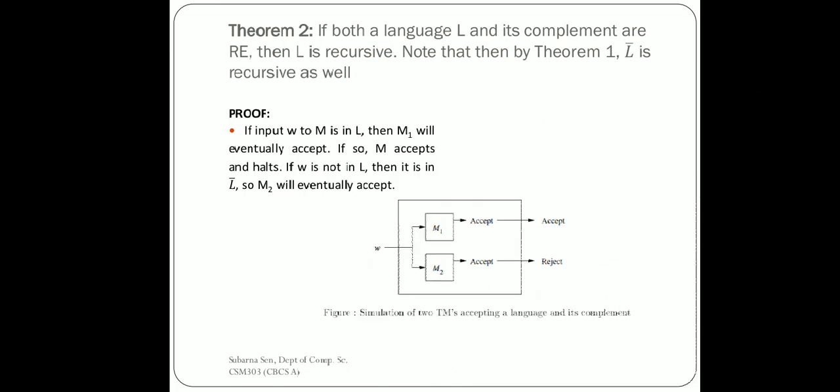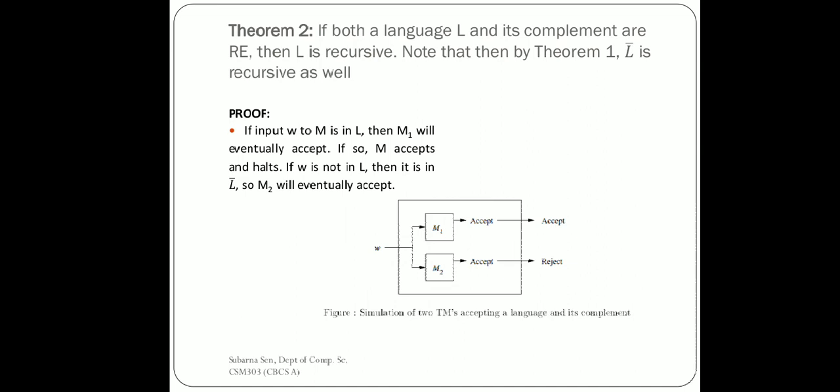Now if input W to M is in L, it is a string of the language being accepted, so M1 is definitely going to accept it, and if M1 accepts it, my machine will halt.